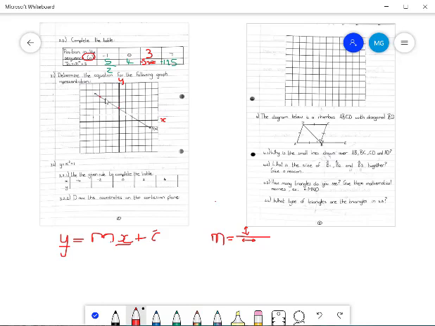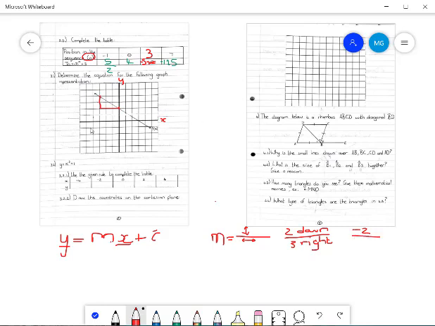So from there to there, the vertical change, so it's going down, is 2. 2 down. That's my vertical change. Okay. The horizontal change is 3 right. So 1, 2, 3 right. Okay. So we know that going down is a negative.